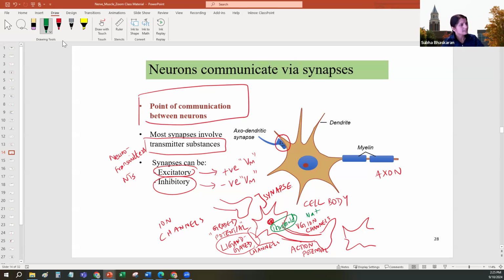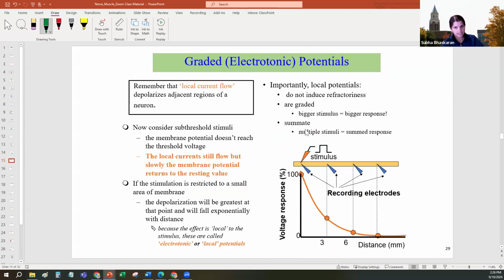And that is why dendrites do not have voltage gated channels. Got it? Make sense, guys? So excitatory versus inhibitory. Graded potentials or electrotonic potentials, all of these are talking about the stimulus. What is the trigger?